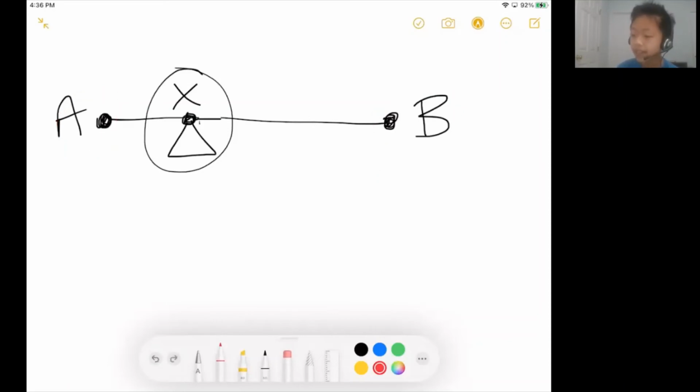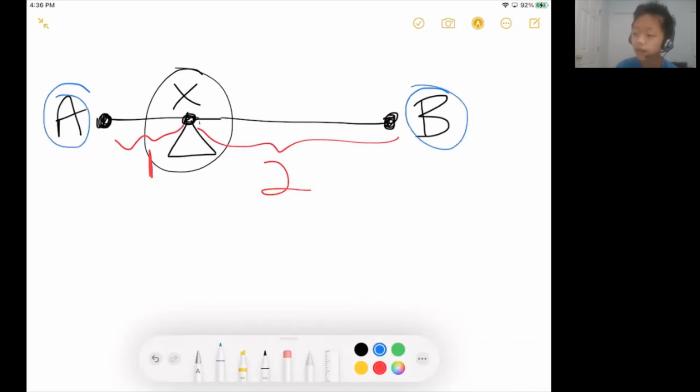Let's say this length here was 1 meter, and this length here is 2 meters. So if the distance from X to A is 1 and the distance from X to B is 2, and we wanted to put weights on points A and B, then intuitively, if XB is 2 times XA, in order for the seesaw to balance out, we would want to put a weight of 2 at A and a weight of 1 at B. This makes intuitive sense.